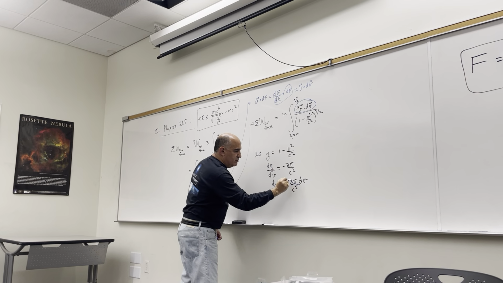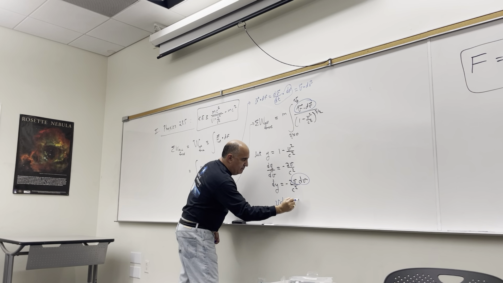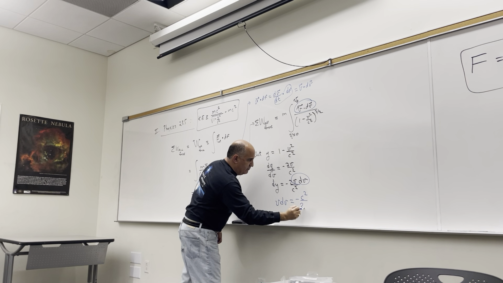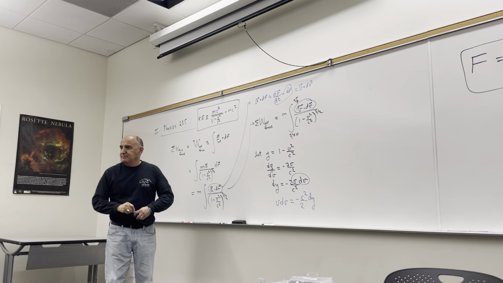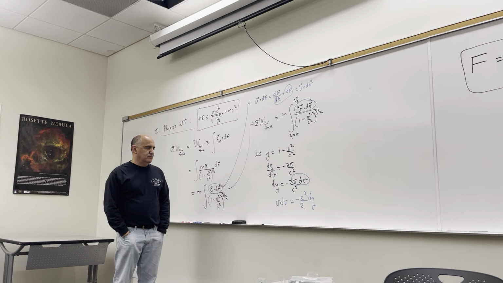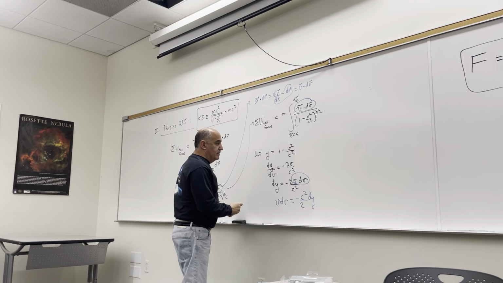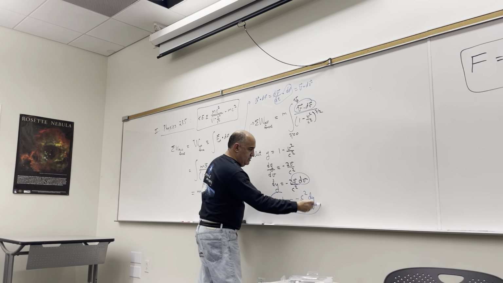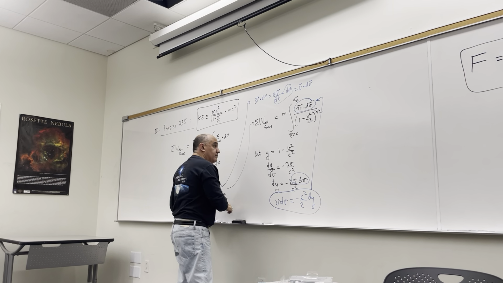So from over here, what is v dv? It's minus c squared over 2 dy, correct? Yes? So I'm going to take that and I'll put it in there.